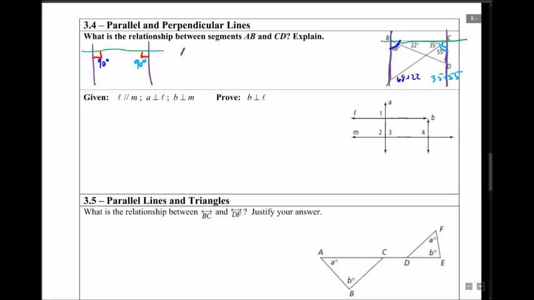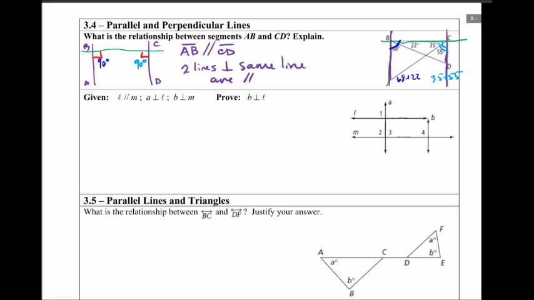We get to say that segment AB, this is segment AB here, we should label everything properly, is parallel to segment CD, because we have a theorem that says if two lines are perpendicular to the same line, then they are parallel. That's one of our perpendicular theorems.